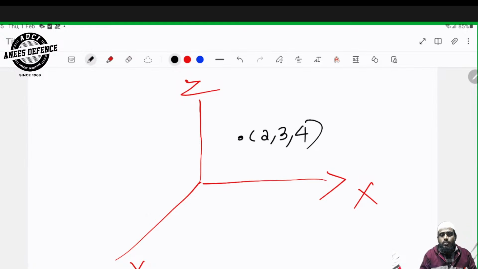What is the meaning of 2, 3, 4? X coordinate is 2, Y coordinate is 3, and Z coordinate is 4.